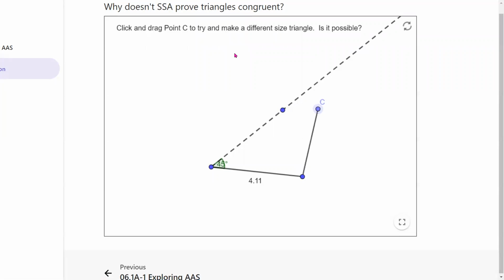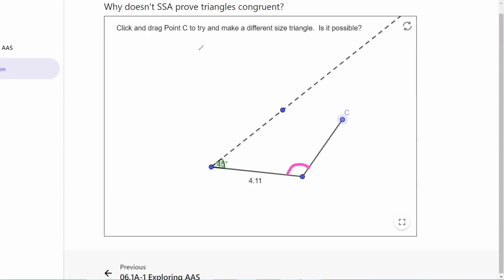If I was to take this side C, which is kind of pivoting right here, this angle can be adjusted. That angle is not set. The angle that's set is this angle over here. These two sides are set. These two sides are not changing, but the angle that's joining them is not determined, like that 45 degrees is.